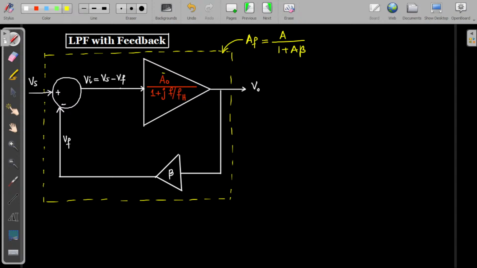The value of A is right now this one. So this is the value of A. If we put the value of A, let us find what will be the value of AF.